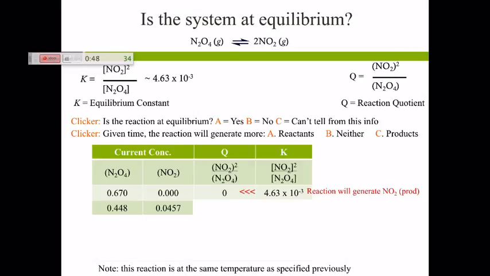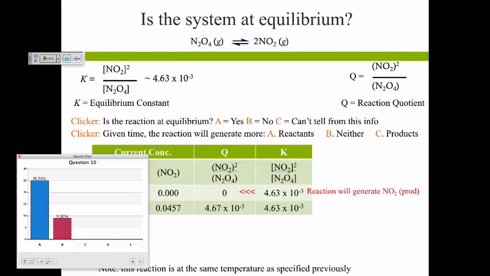We said yes because when you plug these numbers into K... Okay, so if we find Q, we find a number that is very close to K. Is that close enough? I'm happy with that. It's within the range of error that we saw with the numbers before that we said were at equilibrium. So I agree. That reaction is at equilibrium.